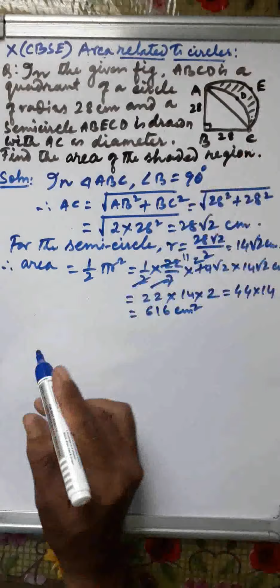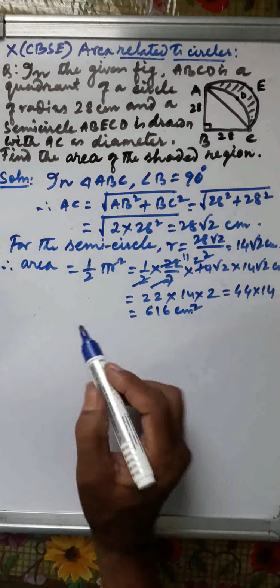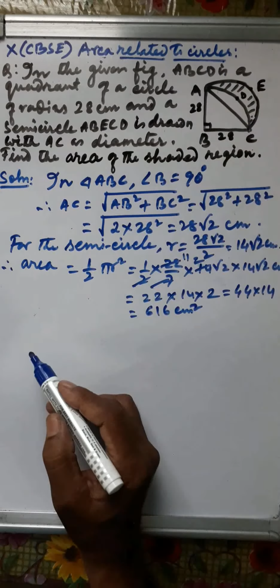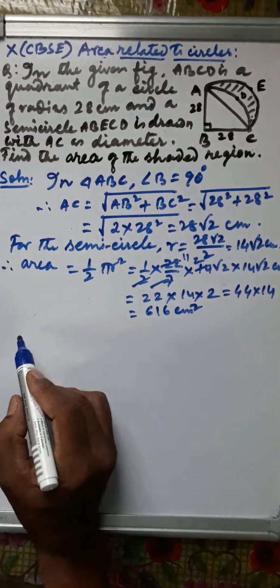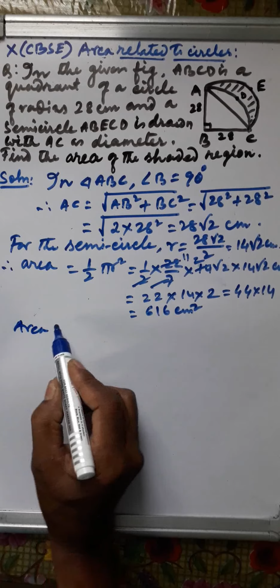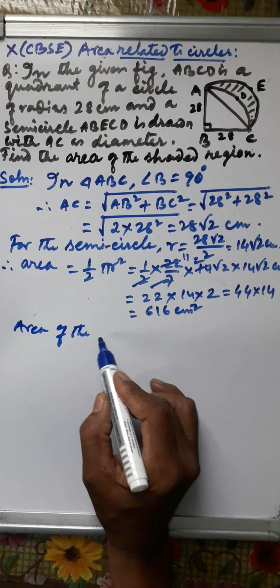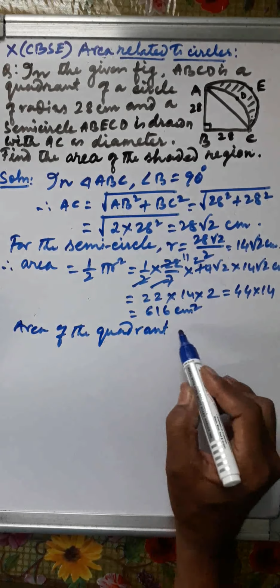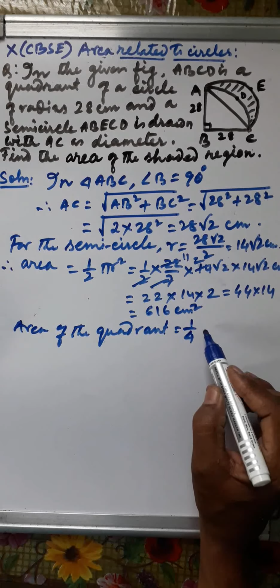Now find the area of the whole figure. So the area of the shaded region will be the area of the whole figure minus the area of the quadrant. So first you find the area of the quadrant, equal to 1 by 4 pi r square.